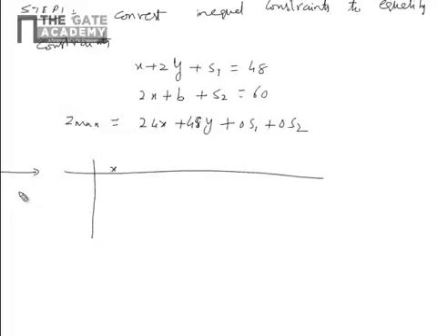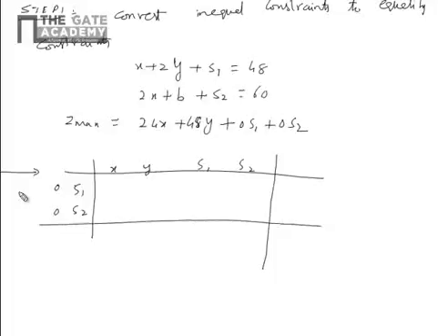These are all the variables in the objective function. What are the variables in the objective function? And here is the initial solution, s1 and s2. What you need to do initially, to get the initial solution, is substitute x equal to 0, y equal to 0.